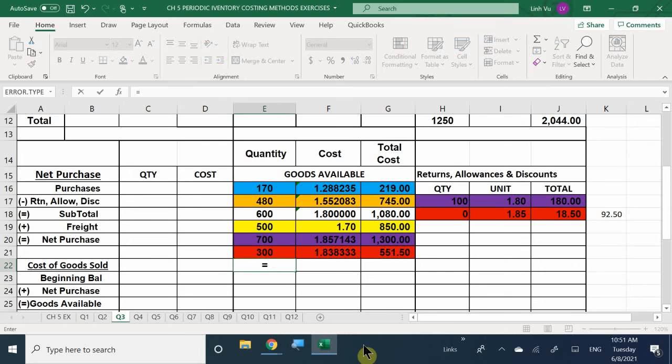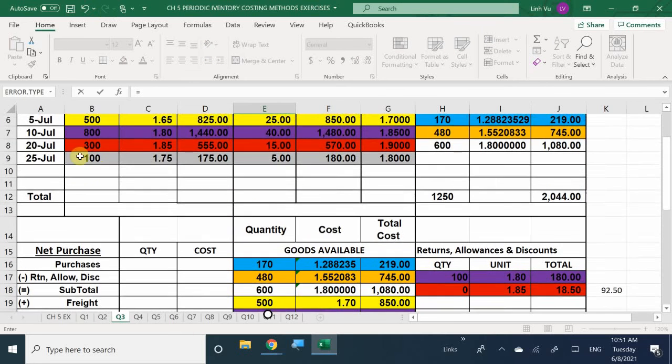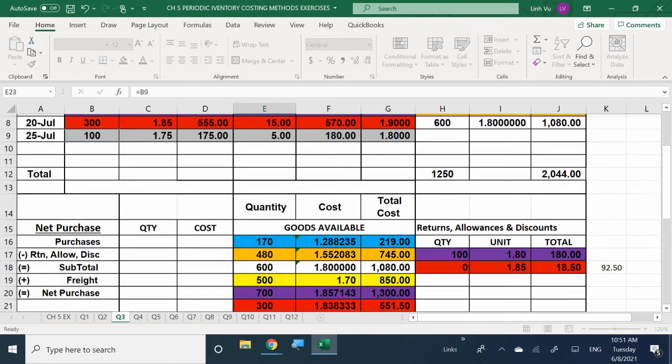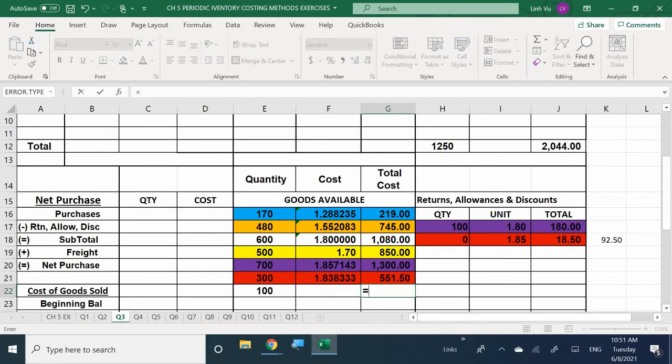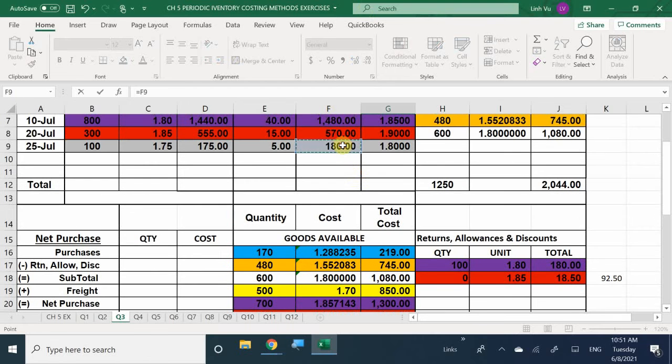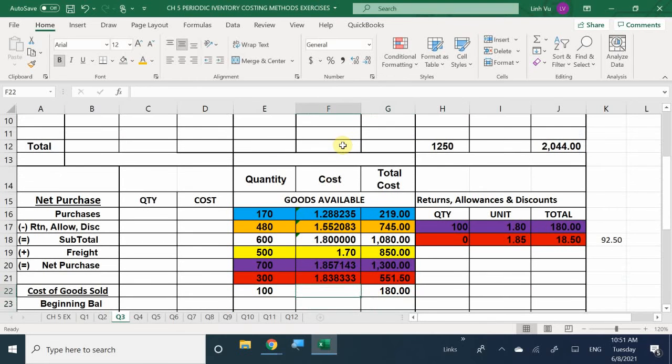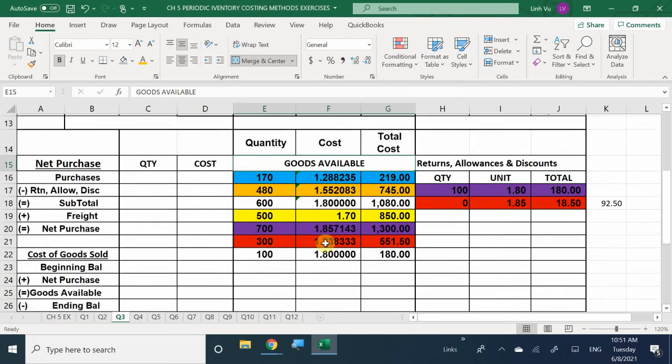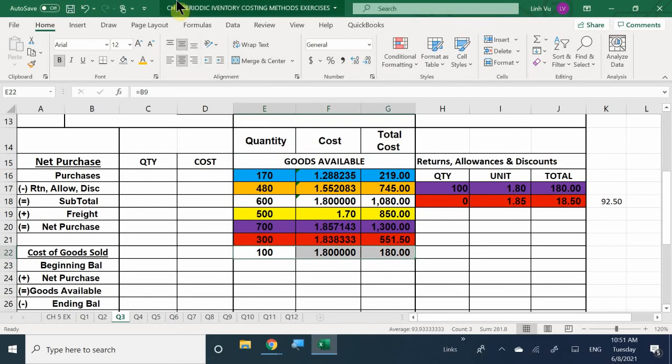So I have a total of 100 toys at $180, which we know that each cost per item that I sell here is going to cost me $1.80. Okay? And I also made this batch gray.